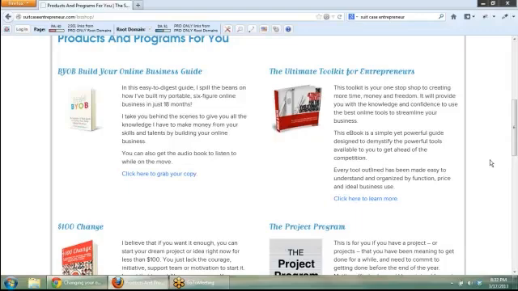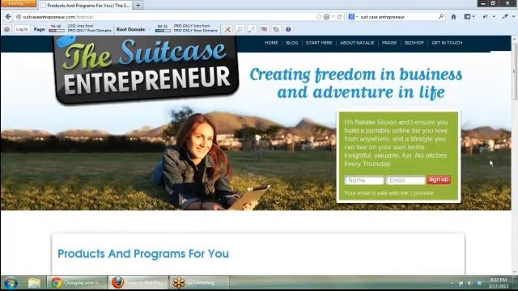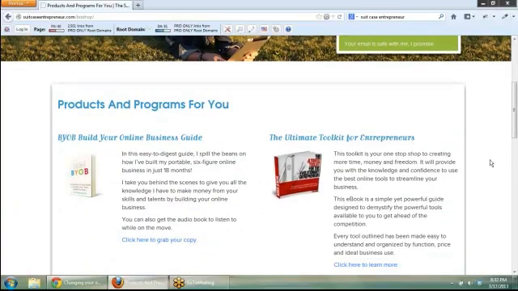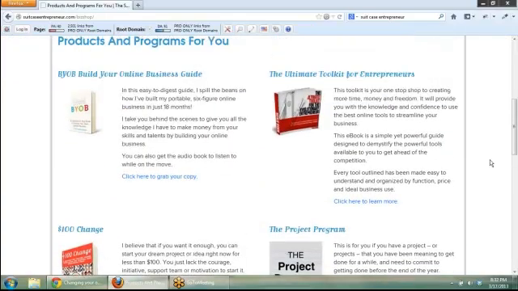And I want to focus on the positive here too, in the fact that it's very easy to understand. The lettering is smooth. What you're trying to do, and even the click here, grab your copy, it does stand out.